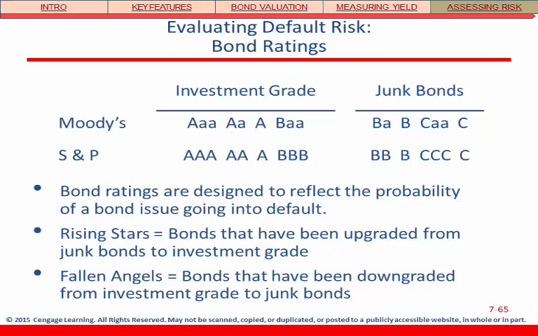I talked just a second ago about Standard & Poor's, or S&P, and you can see investment grade goes from AAA to triple B, and then junk bonds are going to be anything that's double B and below. Moody's has slightly different letters for their rankings, but they basically mean the exact same thing. The whole point here is that they're trying to tell you whether or not there's a chance of a default, right?